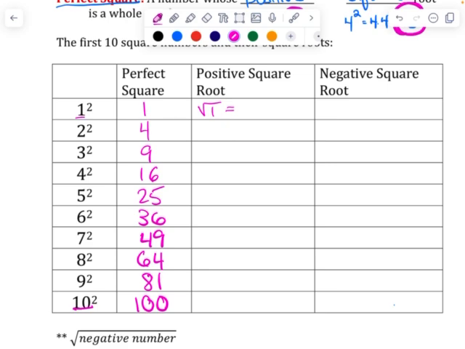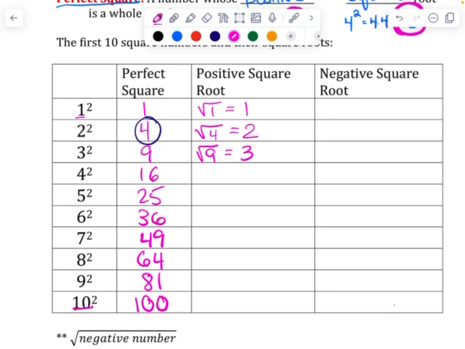So the positive square root of 1 is 1. Again, you're looking for the square root symbol on the calculator, plugging in the perfect square, which in this case will be 4, hitting enter, and you should get 2. Same thing, the square root of 9 should get you 3.